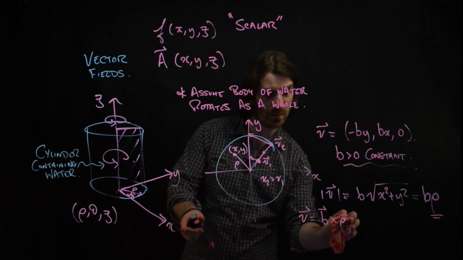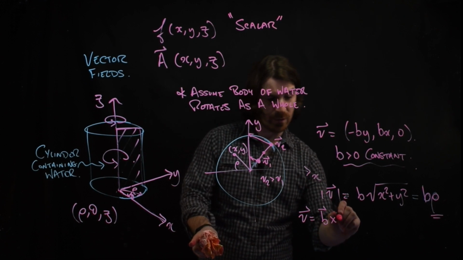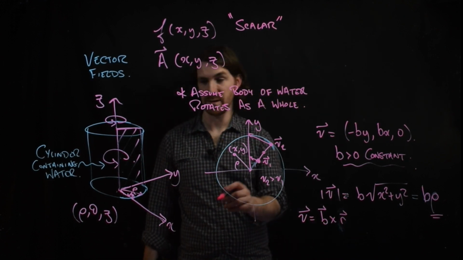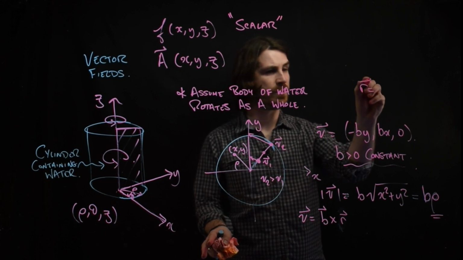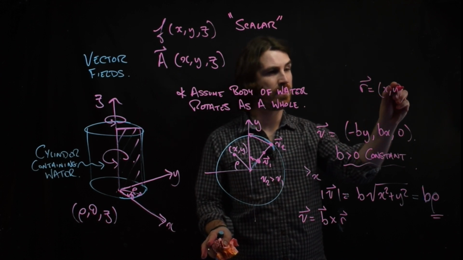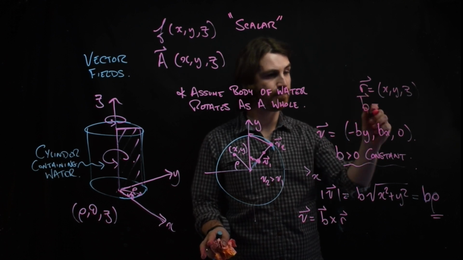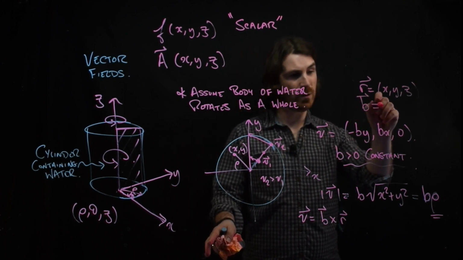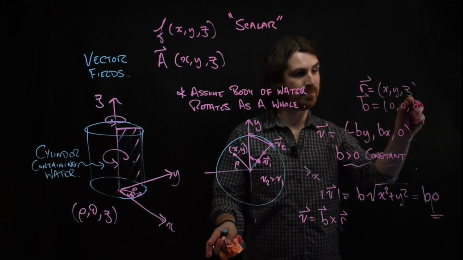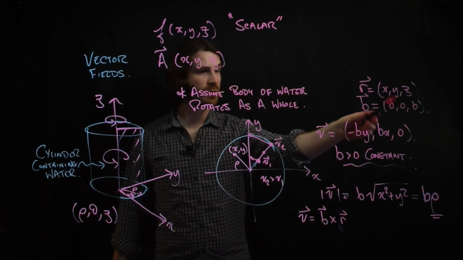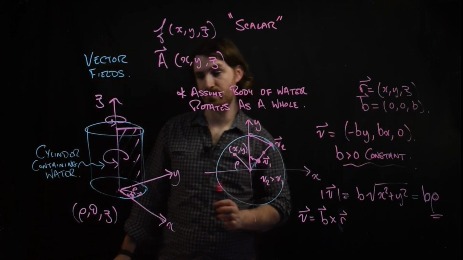Okay, and we can actually even do better still. We can cross it with r, where r is x, y, z. So if r is equal to x, y, z, and we have b, the vector, equal to 0, 0, b. It's a vector that points in the z direction and has magnitude b.